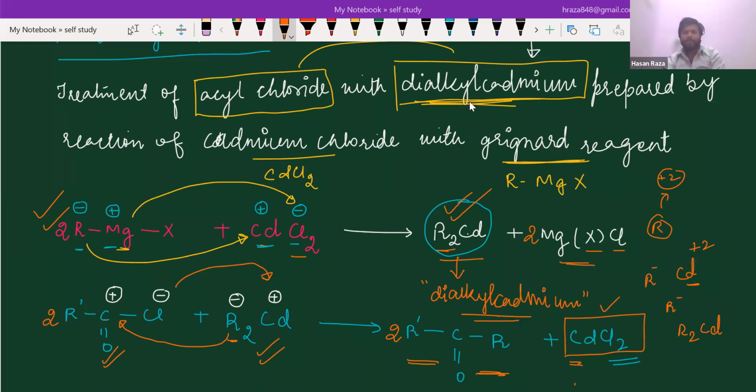We just started the preparation of ketone from acyl chloride.